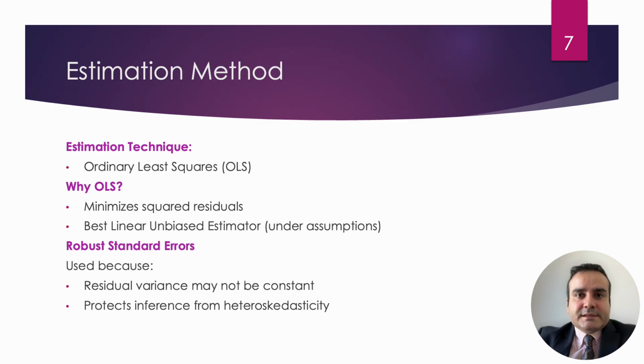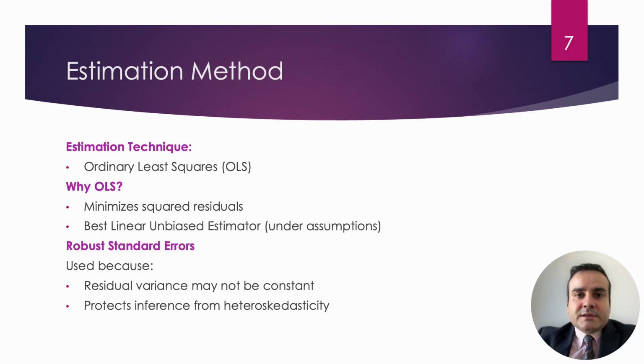In this analysis, I used ordinary least squares, or OLS, as the estimation technique. OLS estimates the regression coefficients by minimizing the sum of squared residuals, that is the squared differences between the observed values of revenue per capita and the values predicted by the model.